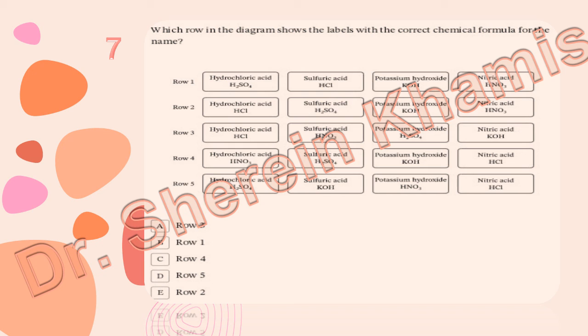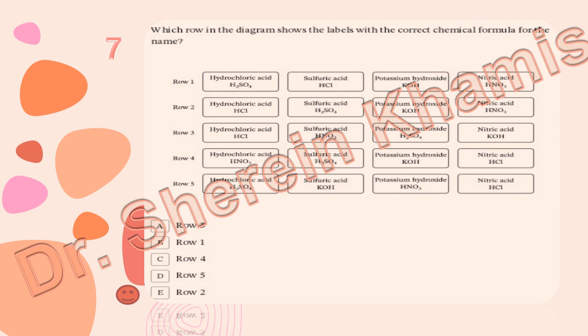Potassium hydroxide: both are monovalent, so they exchange one without writing it, and the formula is KOH. Nitric acid: hydrogen is monovalent and the nitrate group is also monovalent, so the chemical formula is HNO3. So row 2 is the right answer.